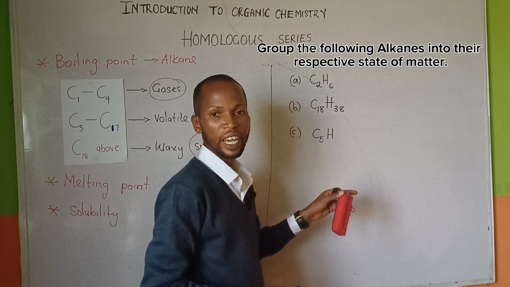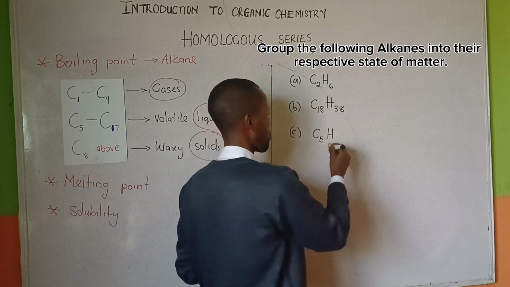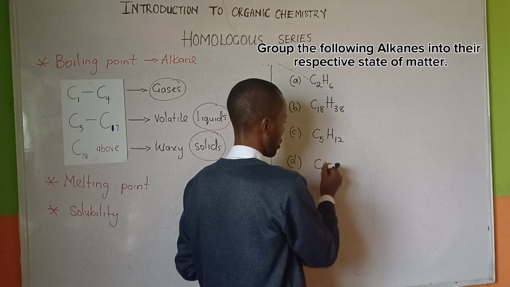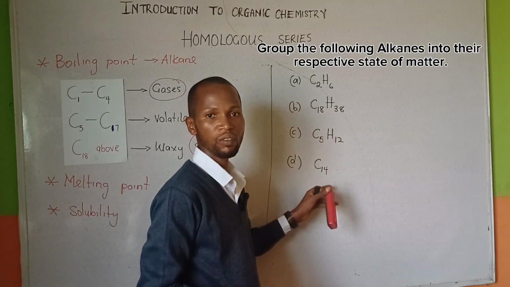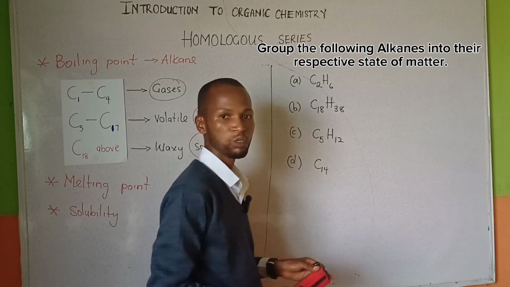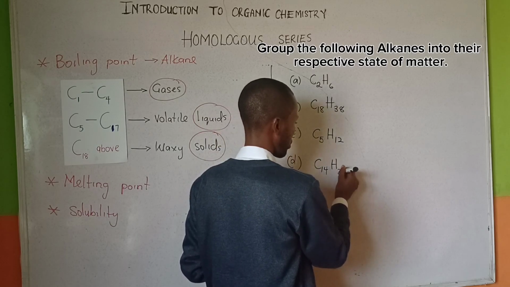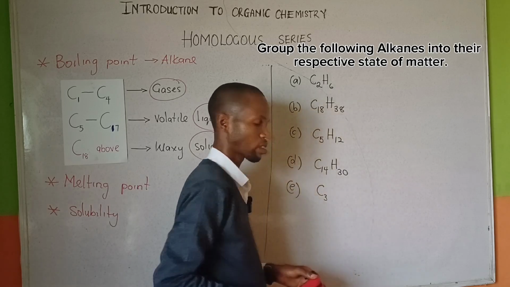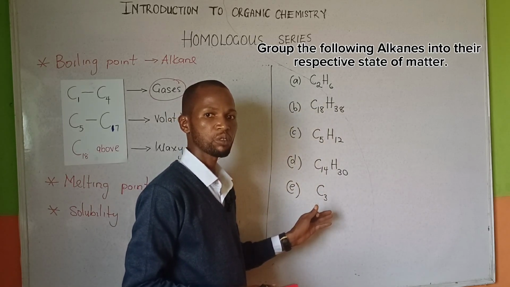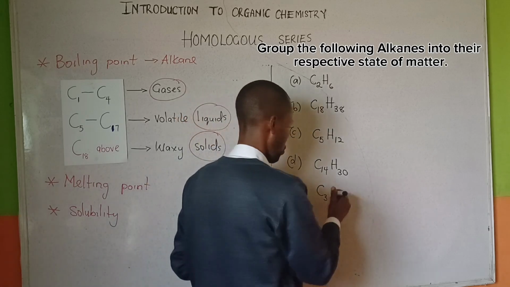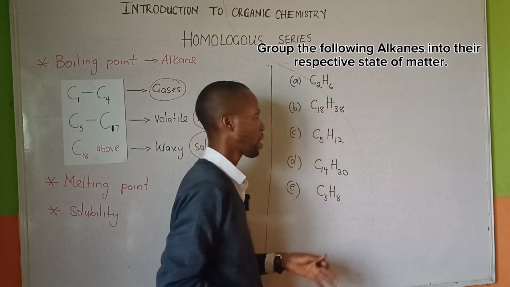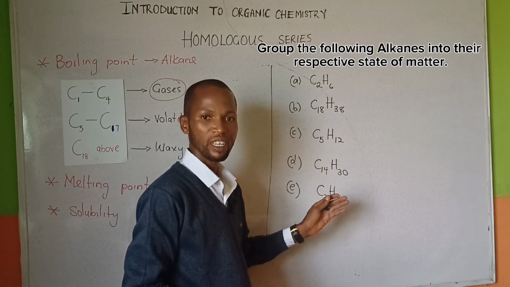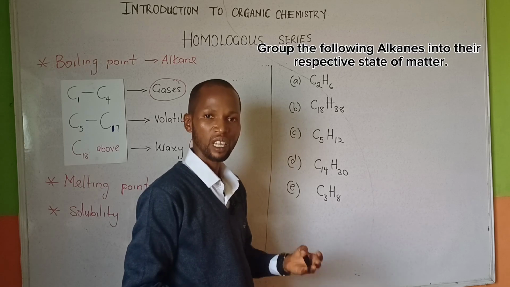C5H 2 times 5, that's 10 plus 2, we have 12. C14, 2 times 14 is 28 plus 2, we have 30. C3, 3 times 2 is 6, plus 2, we have 8. So I would like you to pause the video and group the alkanes listed right here into their respective states of matter: solid, liquid, and gas.